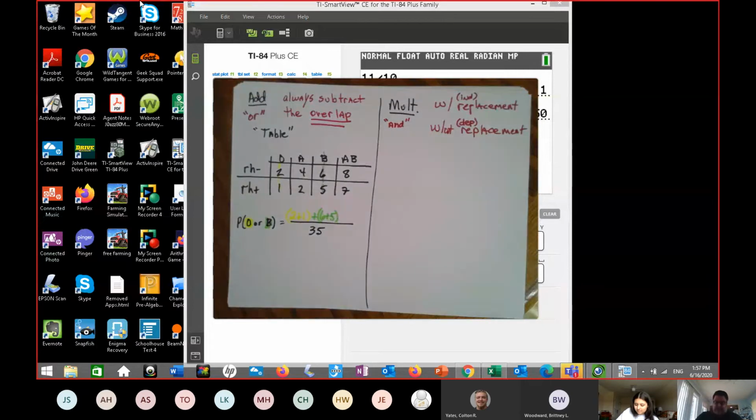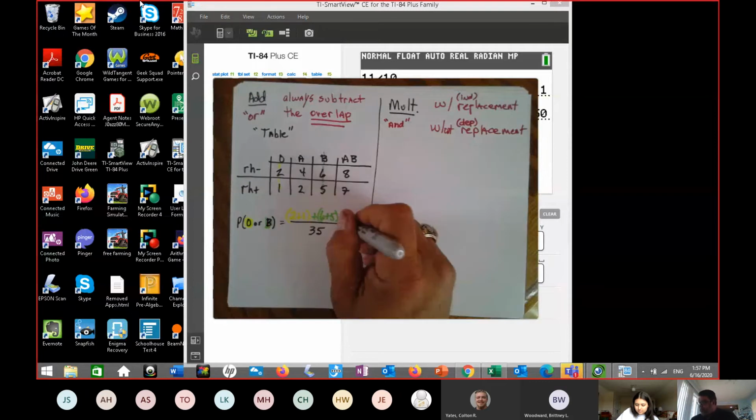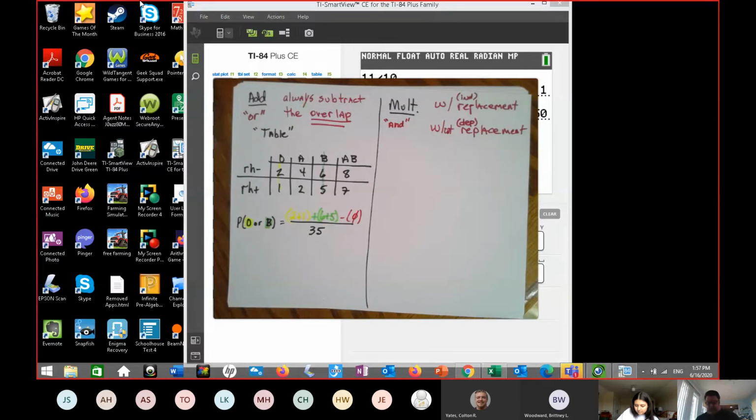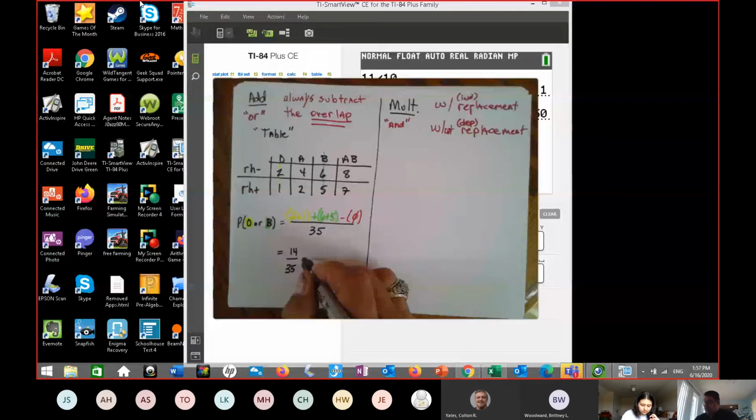Then I subtract the overlap. Are there any colors overlapping? No, so I don't have overlap here. So 2 plus 1 is 3, 3 plus 11 is what? Somebody do 14 over 35 for me. Give me 4 digits.